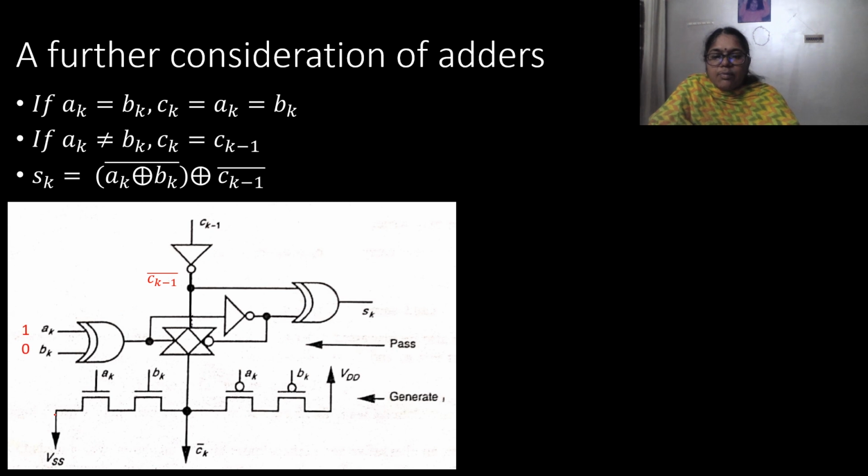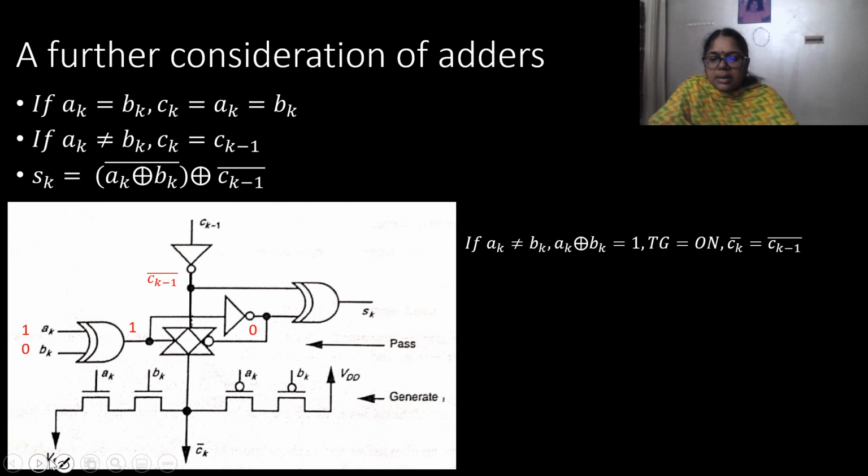Thus, when we give 1 0 as the input bits A and B, the output of the XOR gate is 1, and when this is passed through the NOT gate, we get 0 as the output.